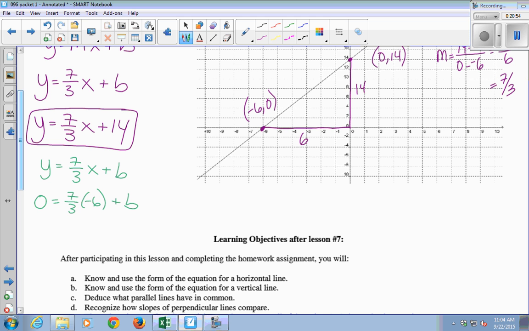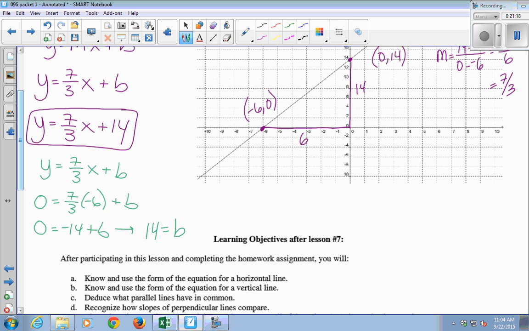7/3 times -6, you could throw it in your calculator, or you could recognize that -6 over the 3 reduces to -2, and you get 0 equals -14 plus b. Add 14 to both sides, and you get b is 14, which is exactly what we got when we just looked at the graph.